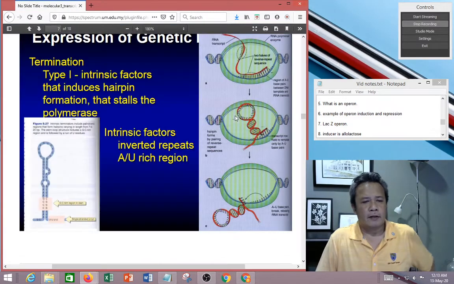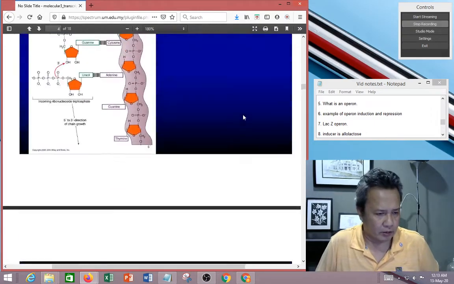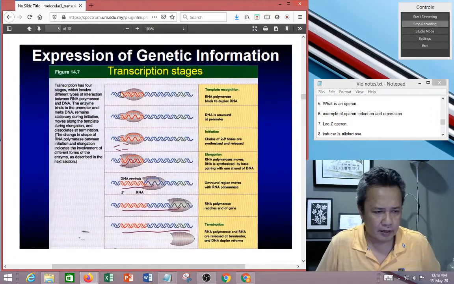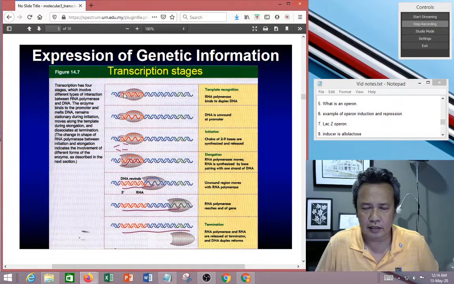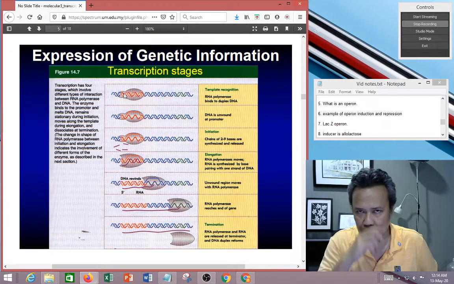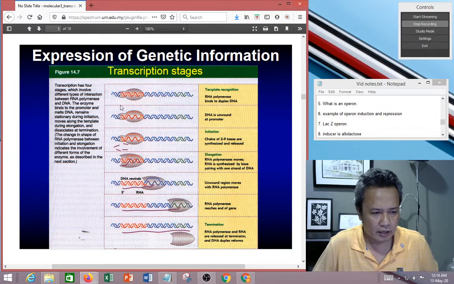In the process, you can see that the polymerase has been shown to give different shapes. Here you have the sigma factor with it, and as it goes into the process of elongation, you no longer have the sigma factor.